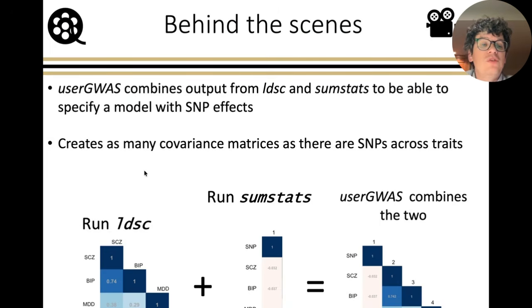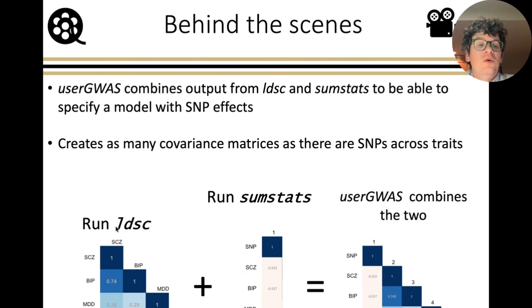Behind the scenes, what userGWAS is doing is it's taking the output from LD score regression and the output from SumStats for each SNP. So this is just showing the covariance between a given SNP and schizophrenia, bipolar, and MDD.